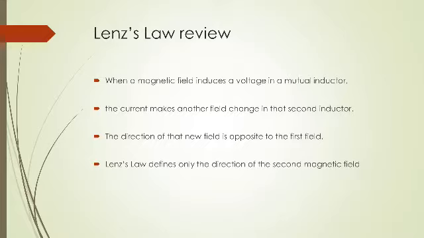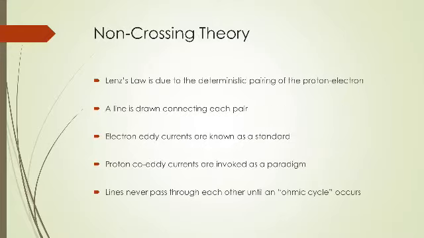And I'm going to talk about that in terms of pairing, the pairing of a proton and electron and the non-crossing theory, which I discussed last week. Lenz's law is due to the deterministic pairing of the proton with an electron. And this pairing is defined elsewhere, but basically it has to do with velocity, relativity between them.